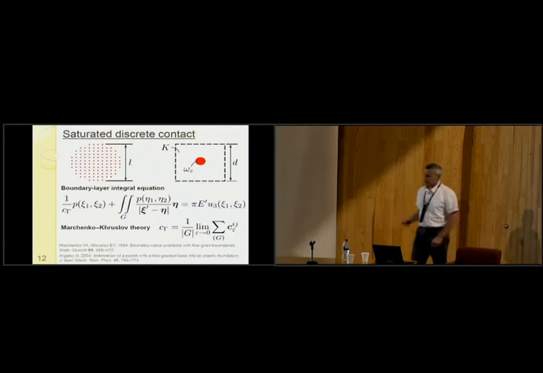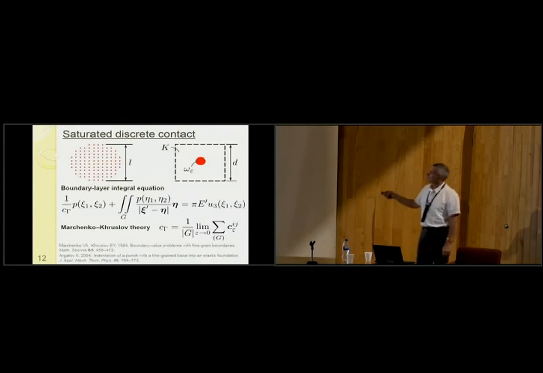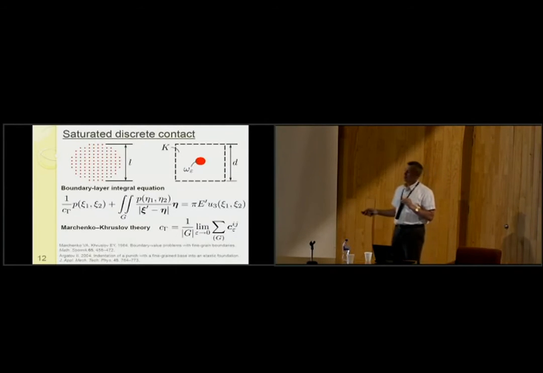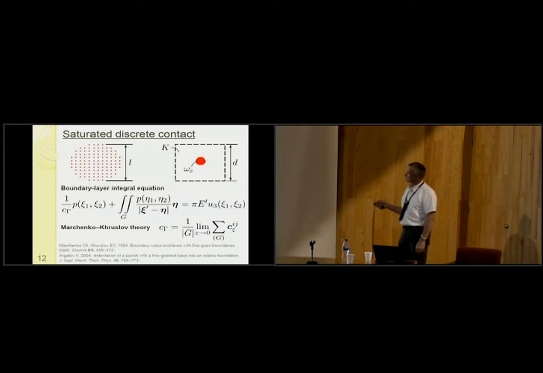So, now we consider a cluster of small contacts, but now we assume that we have large number of contacts, but they are very small. So we have interplay between two parameters, number of contact spots and relative size of the contact.